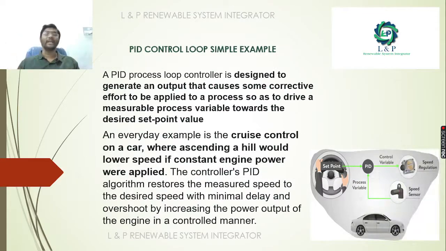So first, what is a PID loop? It is generally designed to generate an output that has some corrective effort. There might be some error values. For example, if you want to open a damper actuator 100% or 80% depending on the temperature, the temperature and the pressure are not ideal, they are changeable things.